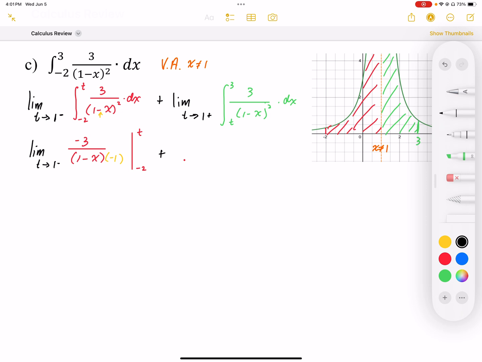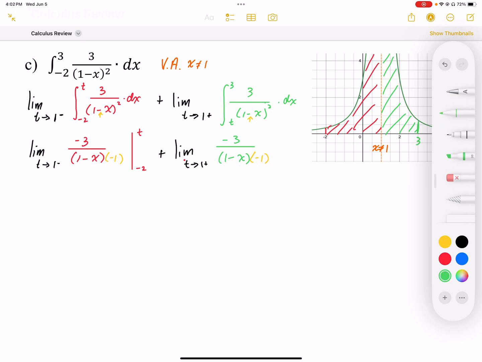Plus, again, I'm going to use my limit notation. t is going to approach 1, this time from the positive side. The nice thing about this is I'm going to get the exact same antiderivative. That negative in front of the 3 is from the power of -1. And this extra -1 here is from the embedded -1 coefficient on the x.